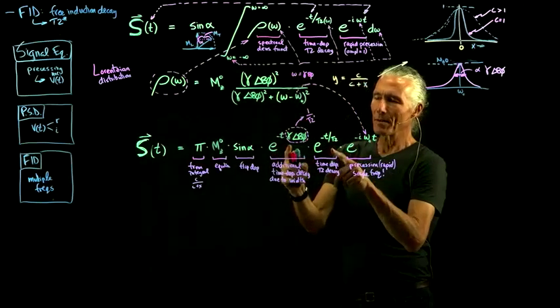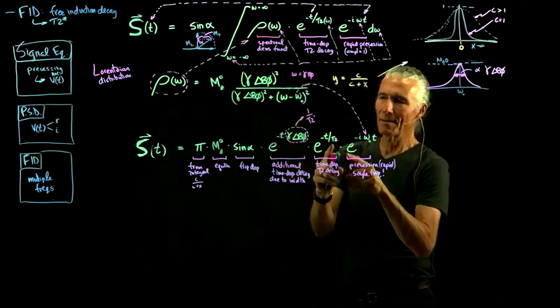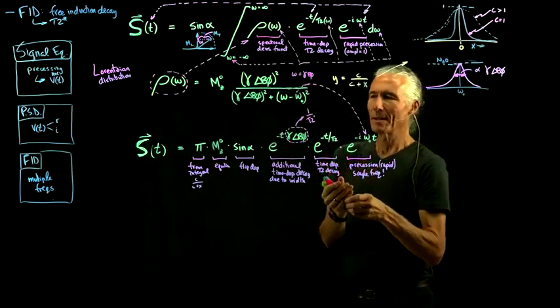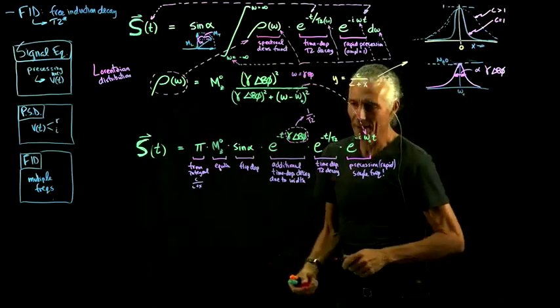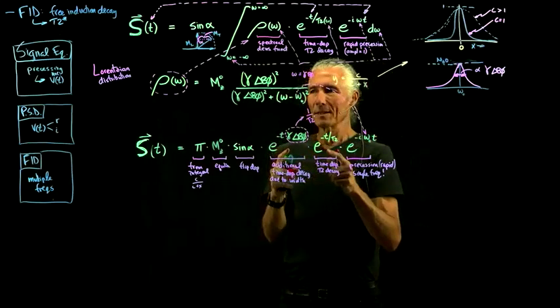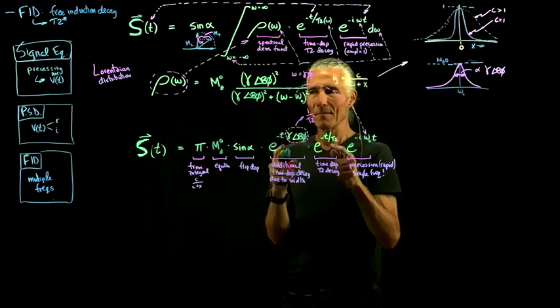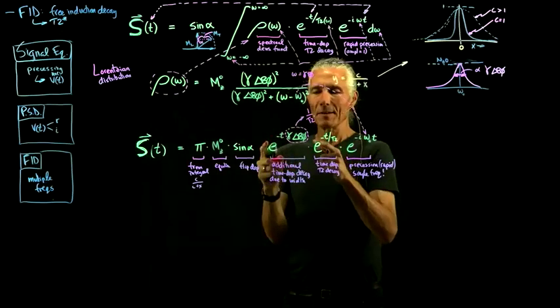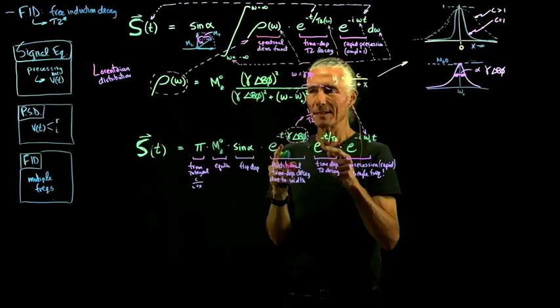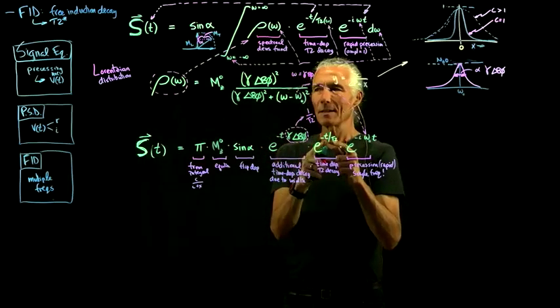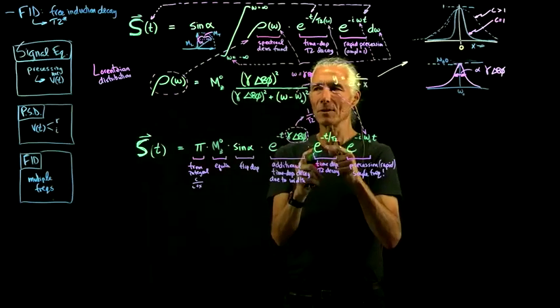And usually what people do, because it's a little difficult to directly measure that guy, is they glom these two terms together here, the extra decay and then the T2 decay. And mathematically, how do we do that? Well, if you multiply two things that have exponents and the base, the e, is the same, you can just add the exponents and turn it into a single thing.